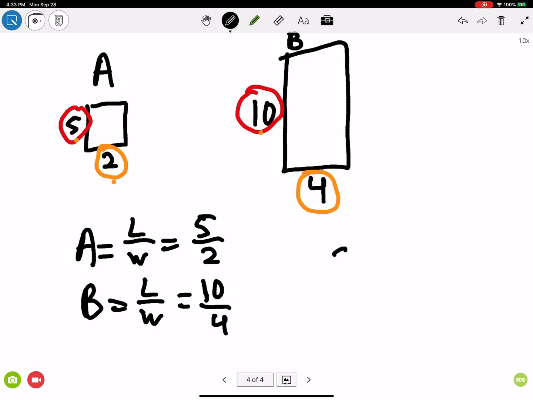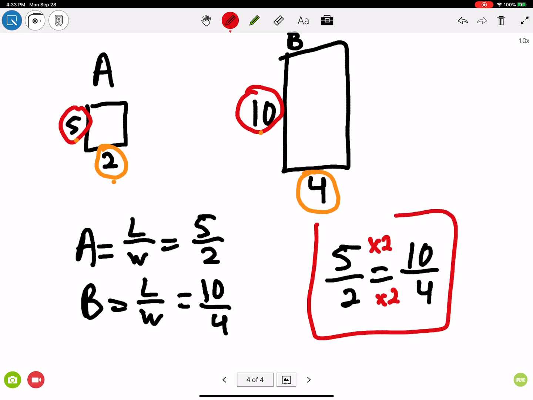Notice that 5 halves and 10 fourths are proportional, because again, this is times 2, this is times 2, so that makes my lengths and my widths of both boxes proportional.